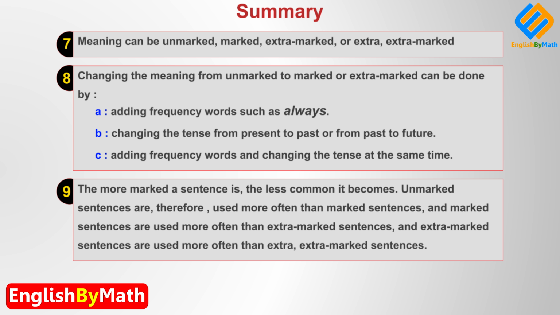The more marked a sentence is, the less common it becomes. Unmarked sentences are therefore used more often than marked sentences, and marked sentences are used more often than extra marked sentences, and extra marked sentences are used more often than extra marked sentences.